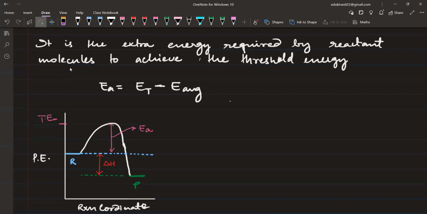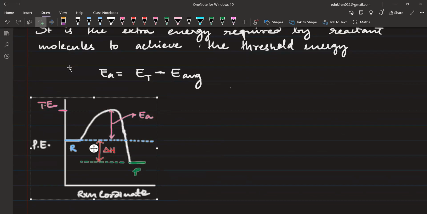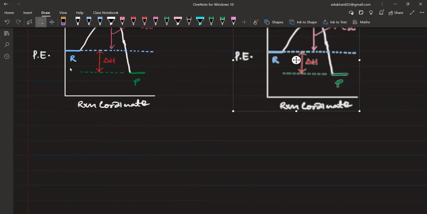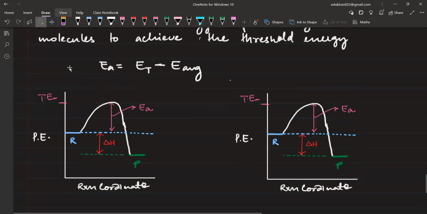अब देखिए, अब यहाँ पे एक और चीज हो सकती है. When the energy of product is more than that of reactant, ठीक है, उस केस में कैसा होगा उसको जरा देख लीजिएगा.